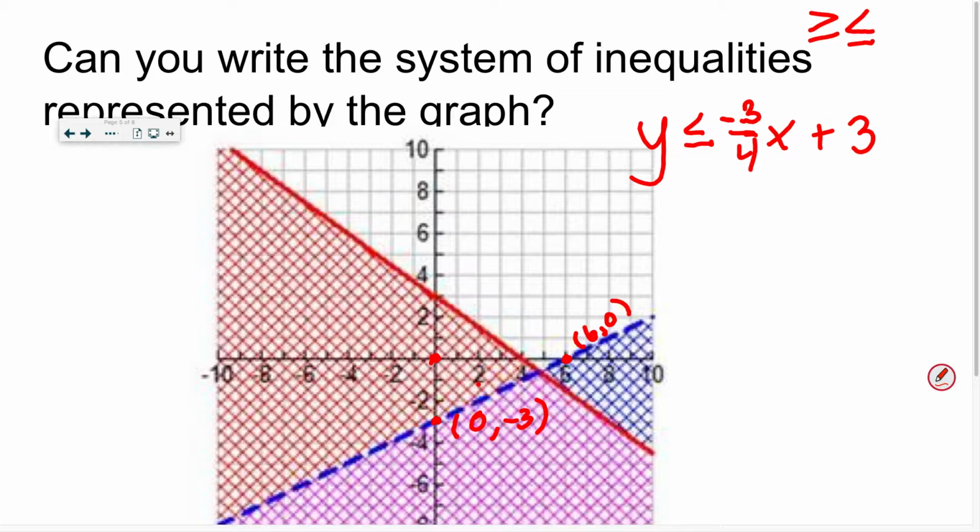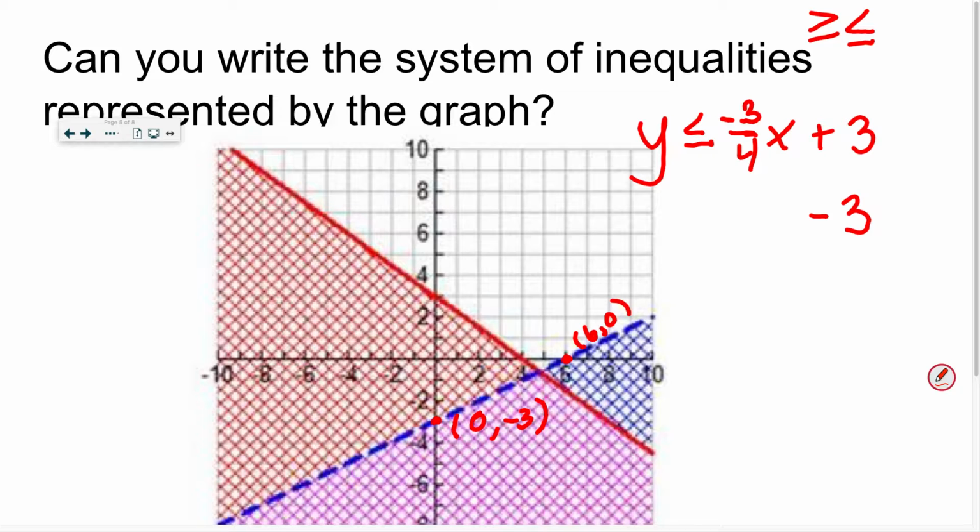Alright, now let's take a look at the blue. The y-intercept is negative 3. And how is our line moving? What's our slope?